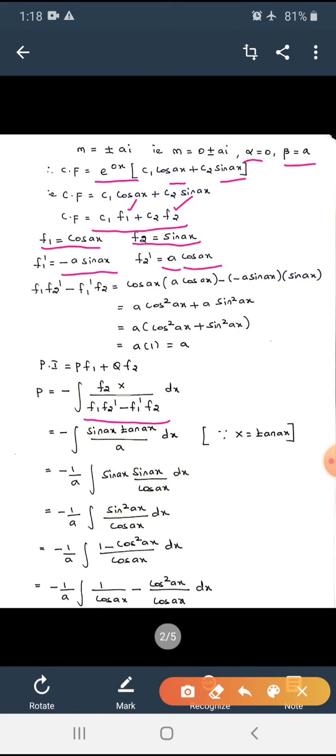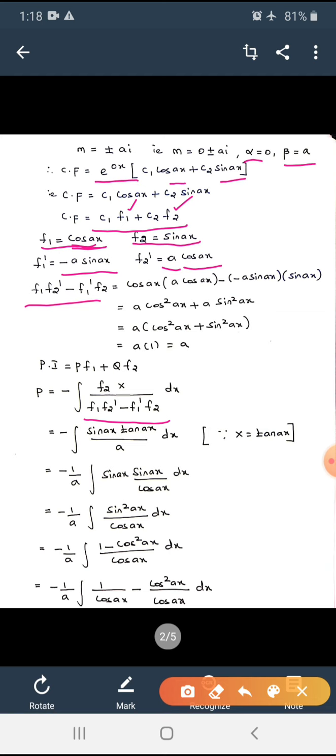Now let us find the denominator, f1 f2 dash minus f1 dash f2, that is equal to f1 is cos ax into f2 dash is a cos ax, minus f1 dash is minus a sin ax into f2 is sin ax.